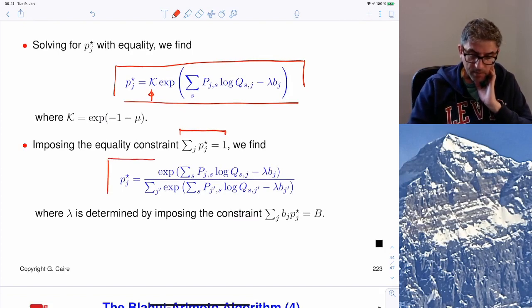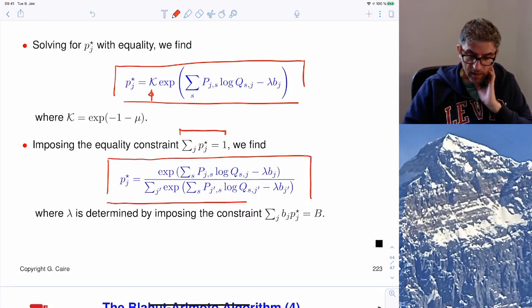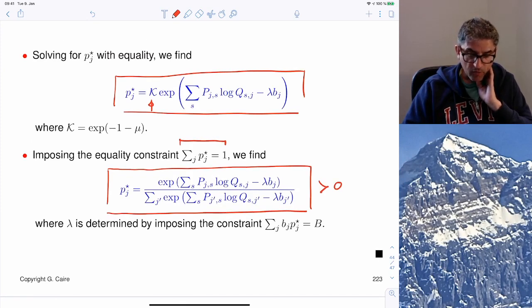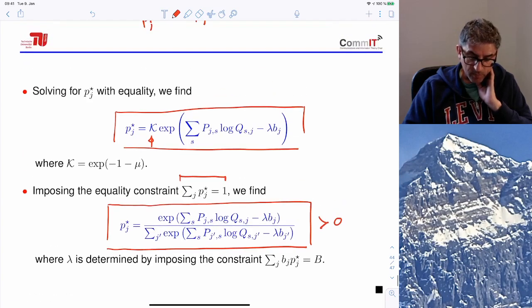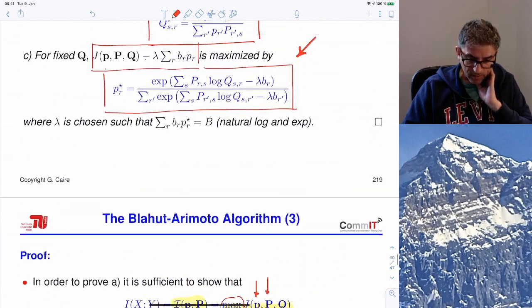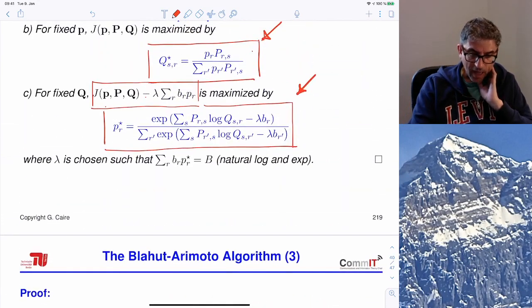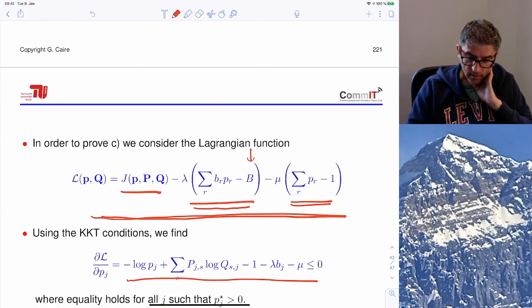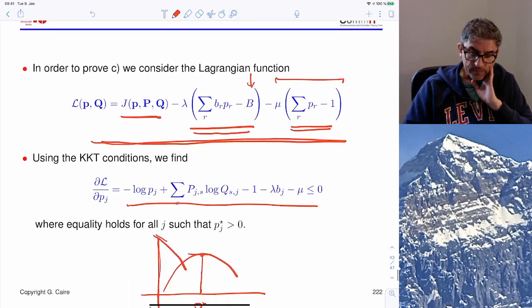So this will be the P star j, and of course, being a ratio of an exponential over a sum of exponentials, this is always strictly greater than 0, and therefore we can accept it. We have found our stationarity point. Okay, so this is the explicit form of the maximization with respect to a probability vector P of that partial Lagrangian J minus lambda times this. Because the rest, you see, we have just added a constant here, and this imposes the fact that we have a probability vector. So that's exactly what we want to do.